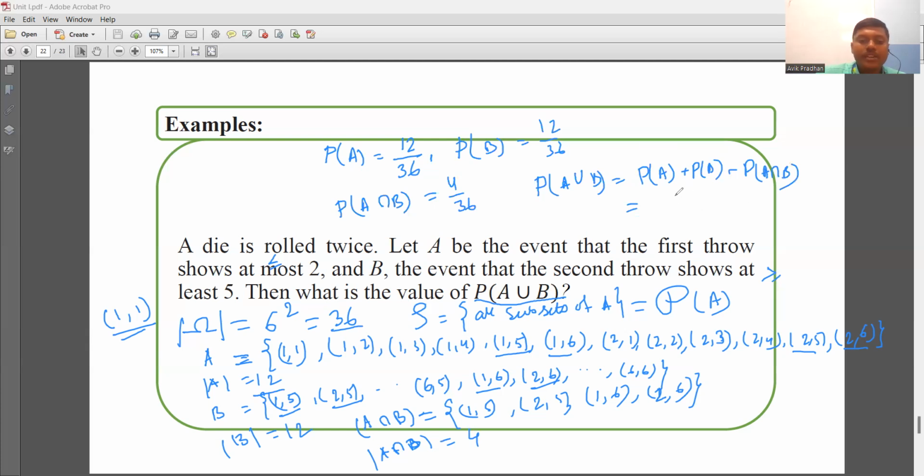So this will give me 12 by 36 plus 12 by 36 minus 4 by 36. So this will be 20 by 36, which is 5 by 9. So 5 by 9 is the required probability for this event, A union B.